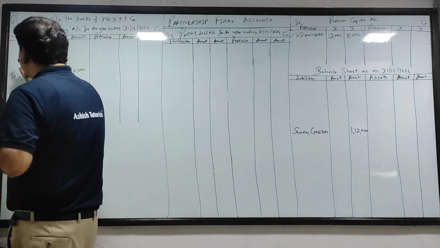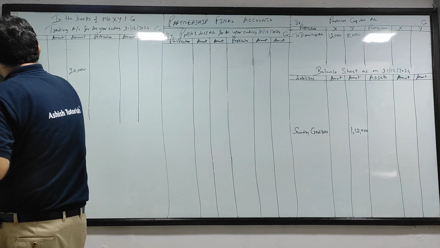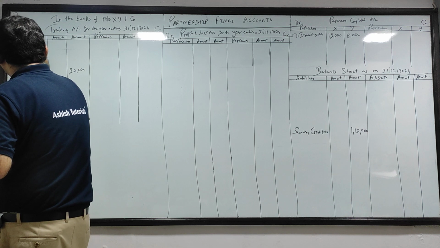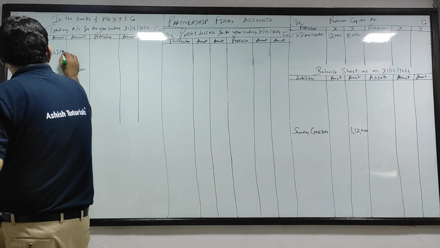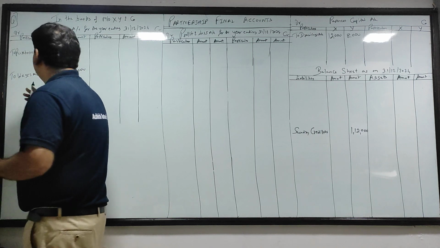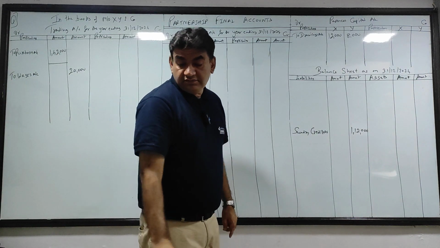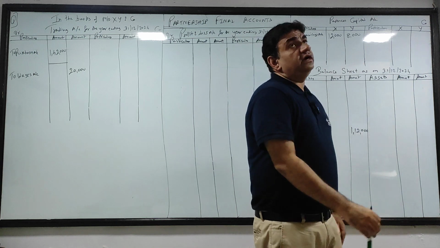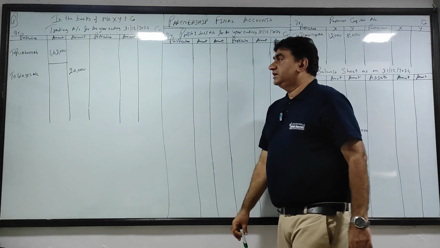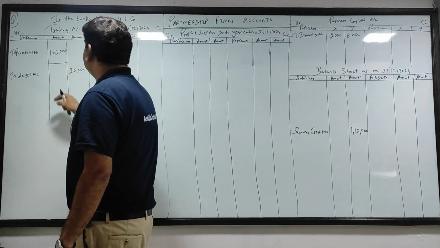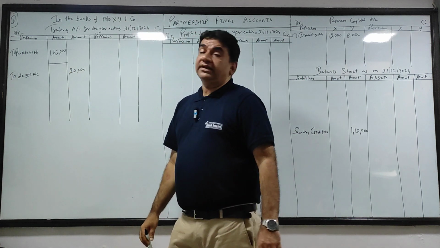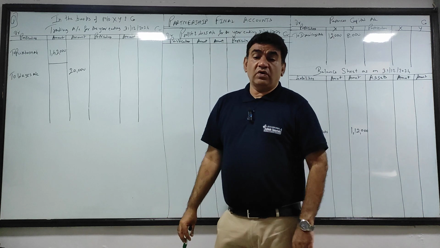There is a mark, so put it in the inner column and leave a line. To purchases, 1,42,000.